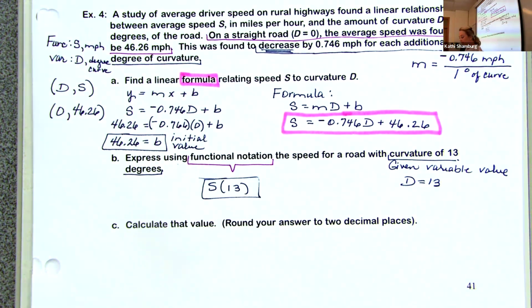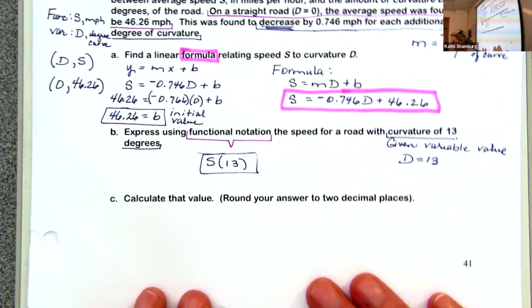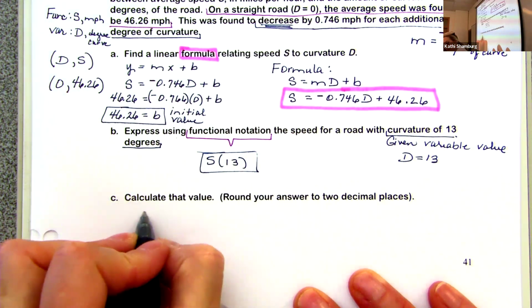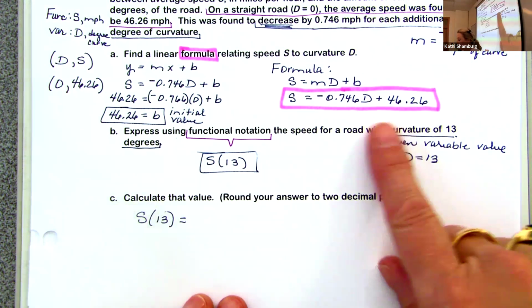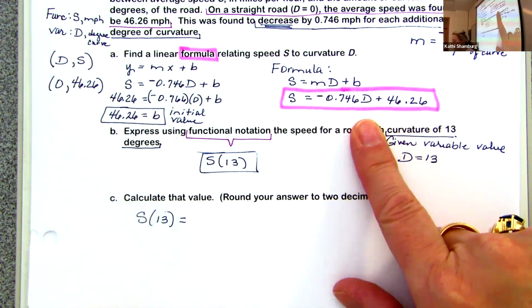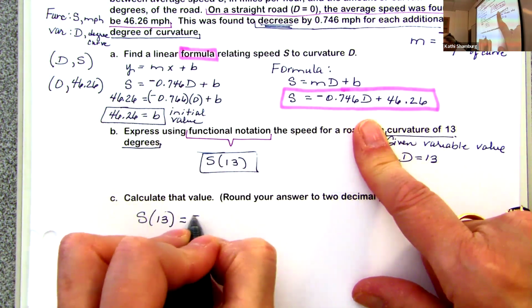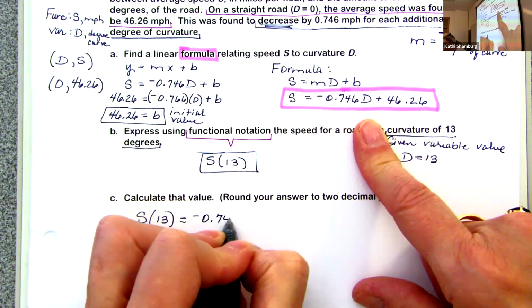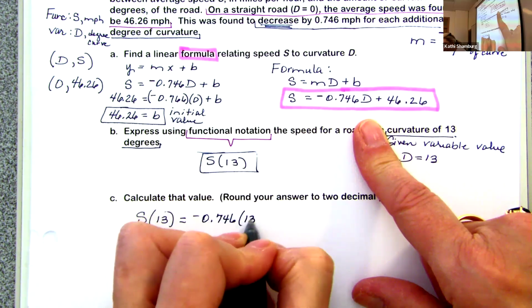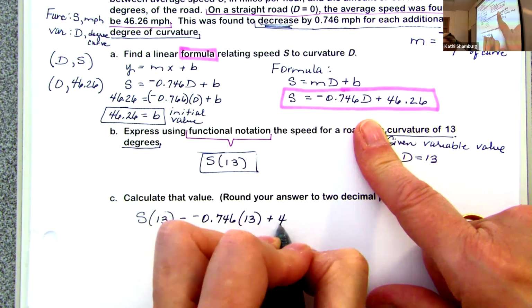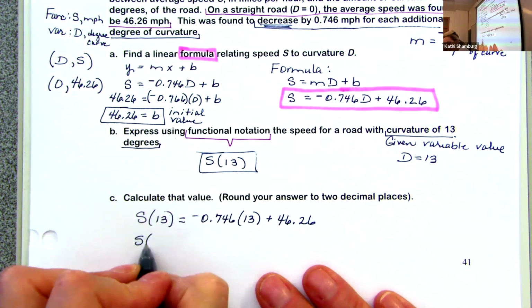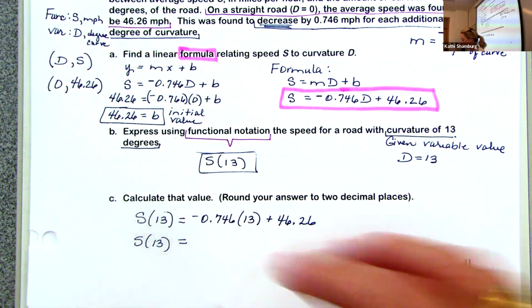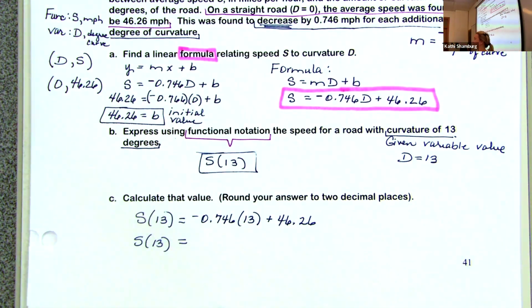Now, part C says calculate, round to 2 decimal places. So S at 13. So now we're going to substitute it into this formula that we created. So calculate that for me. Tell me what you get.